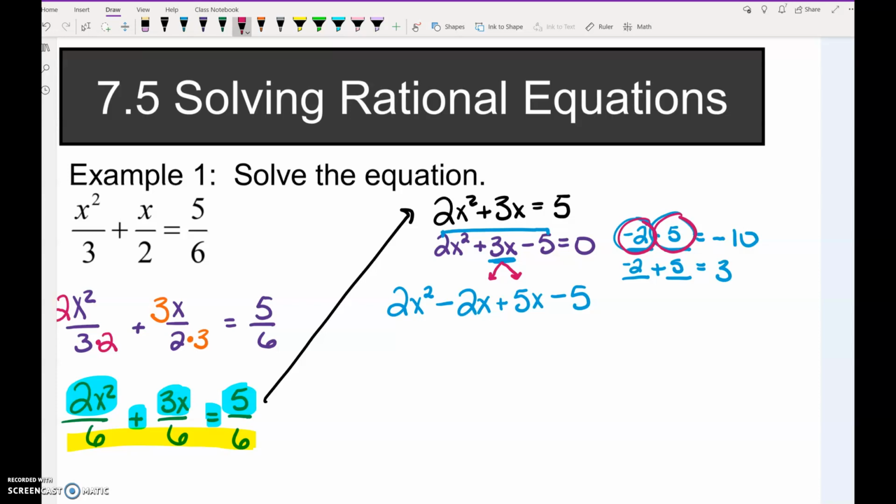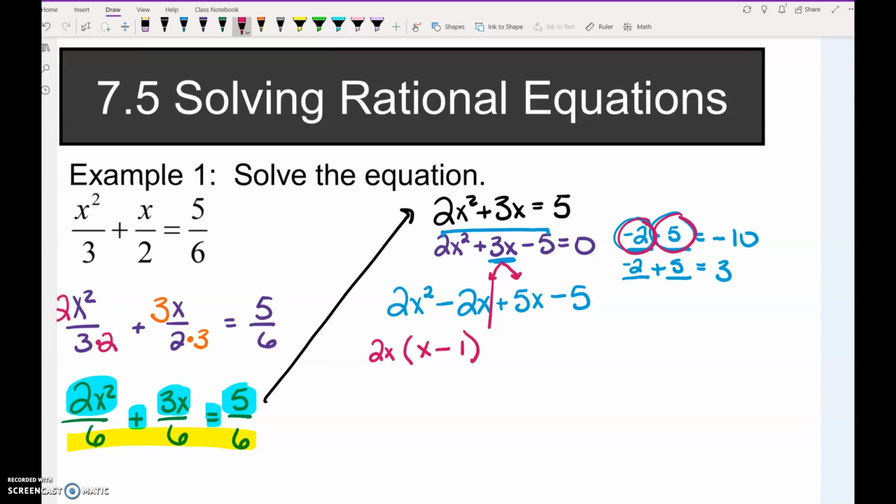And now we have to split this down the middle and factor by grouping. What does the first group have in common? 2x squared and 2x. They have 2x in common. 2x squared divided by 2x is just x. What is negative 2x divided by 2x?